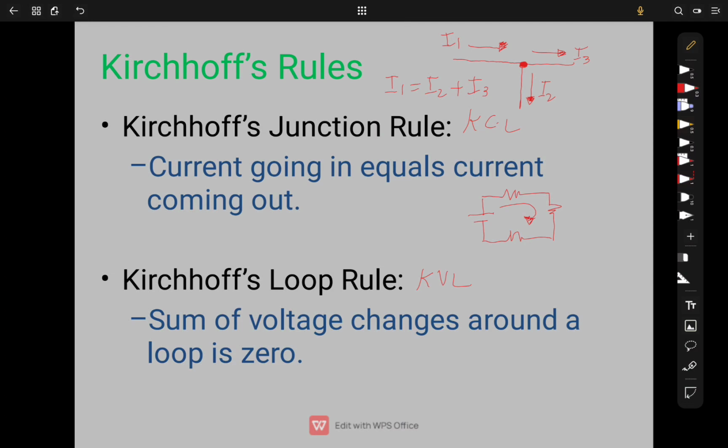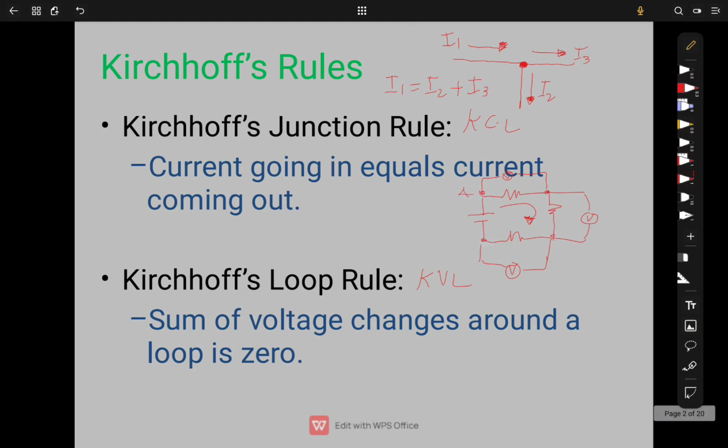Di ba, pag nagme-measure tayo ng voltage, anong ginagamit nating device for measuring the voltage? We have the voltmeter. So, halimbawa, gawa tayong voltmeter here, then another here, then another voltmeter here. And bawat endpoints dito is meron tayong mga junction.